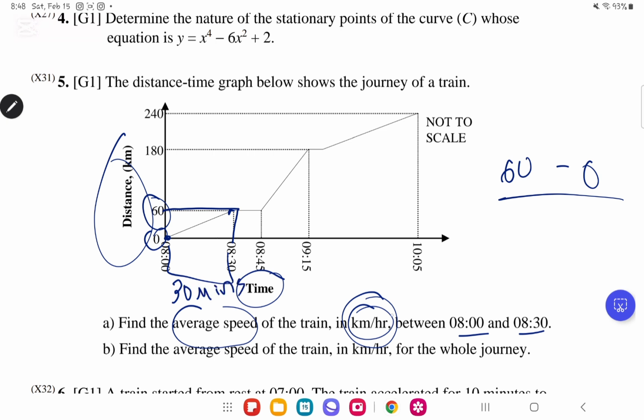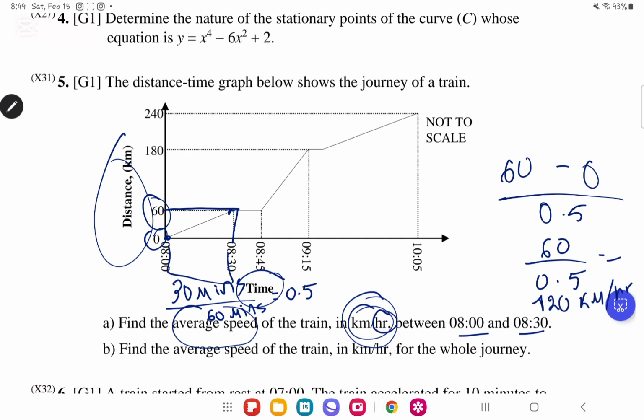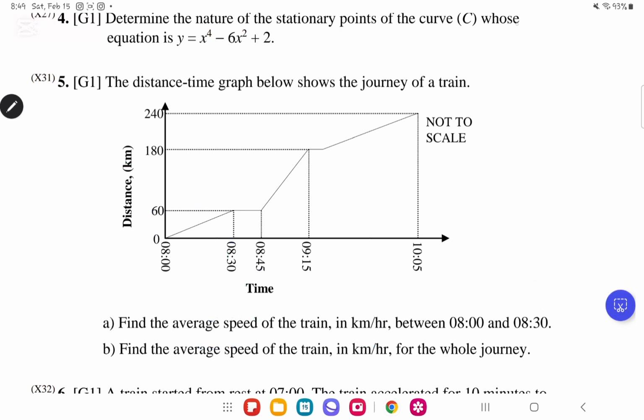But we cannot take minutes, we need it in hours. So we're going to divide it by 60 minutes to get 0.5 hours. So you are going to get 60 over 0.5 to get 120 kilometers per hour. So for part A, the answer is 120 kilometers per hour.